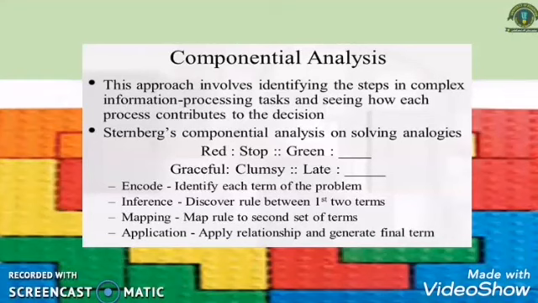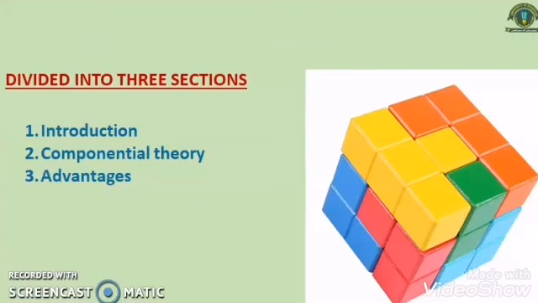To identify componential analysis with the semantic features, it has been divided into three sections. What three sections? First, the introduction; secondly, componential theory; and the third, its advantages.